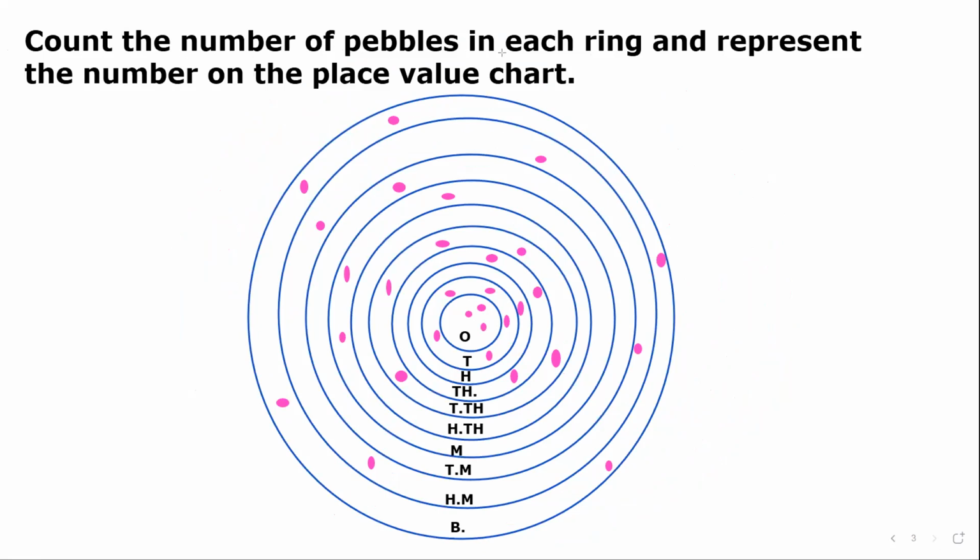Count the number of pebbles in each ring and represent the number on the place value chart. So which means that we are going to represent these dots on the place value charts. Okay. The wheel has been given to us with a lot of dots here. So you have to translate these dots into numbers by using the place value chart. Good. So let's solve this one.